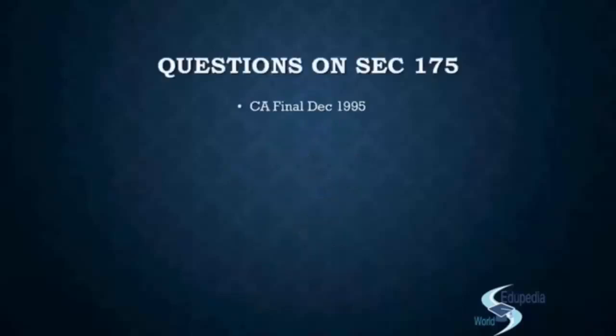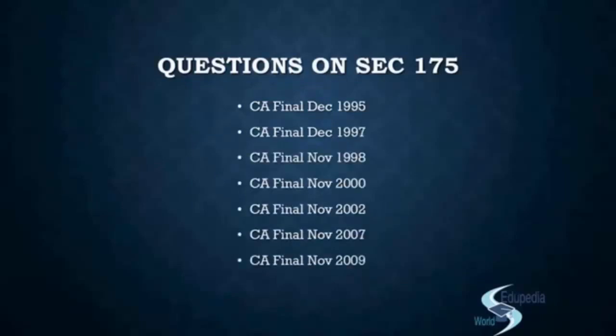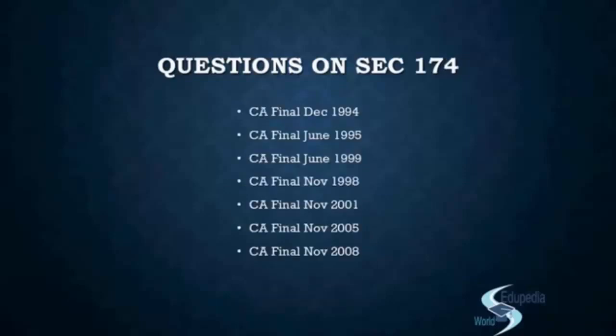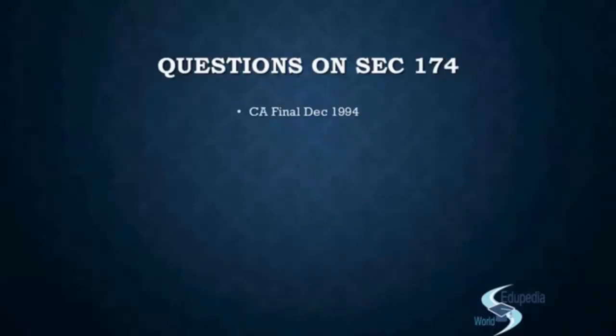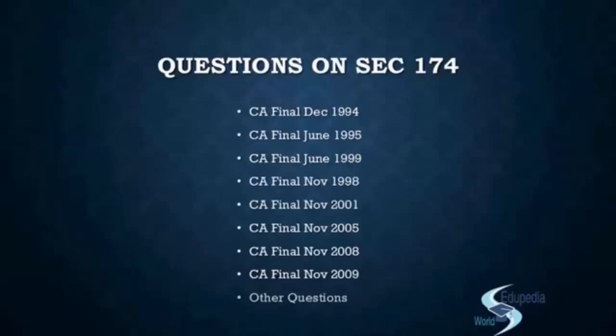And if we see the questions for section 175, you had questions in 1995, 97, 98, 2000, 2002, 2007 and again 2009. So for these two sections, you have had a lot of questions in your examination, but those questions appeared long before, that is before 2009.